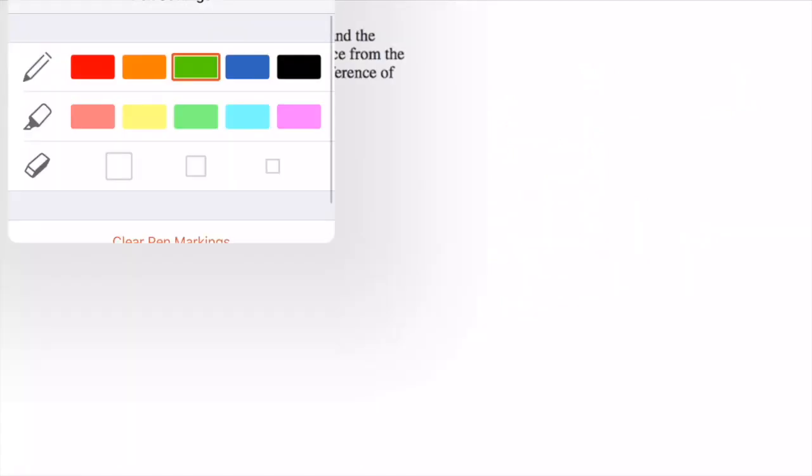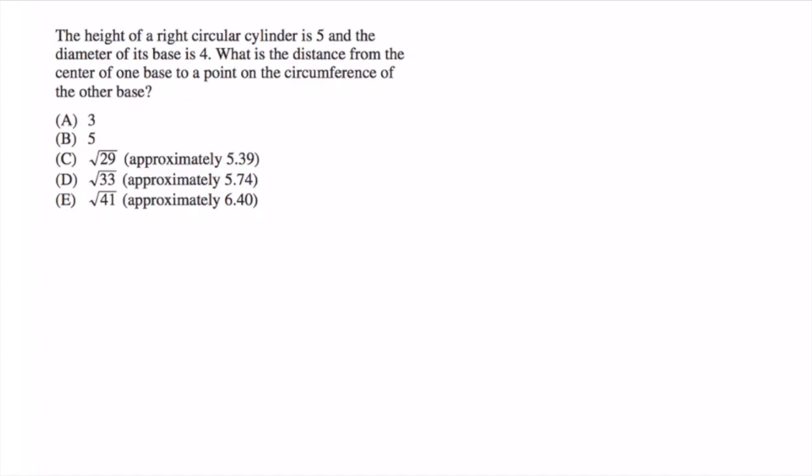And the last question here. The height of a right cylinder is 5 and the diameter of its base is 4. What is the distance from the center of one base to a point on the circumference of the other base? Again, I want to draw what this picture is saying. I'm going to draw my cylinder.